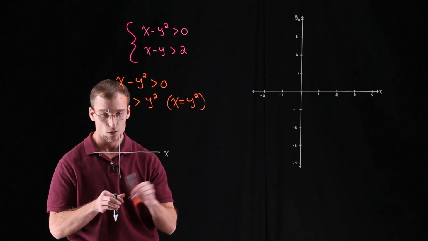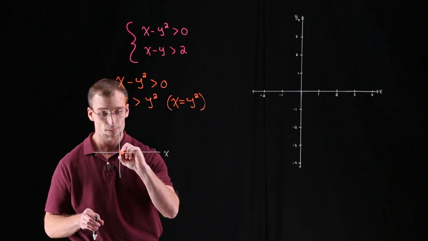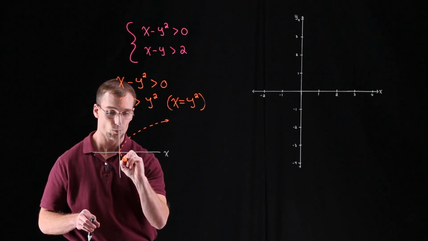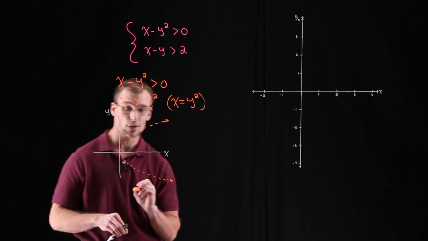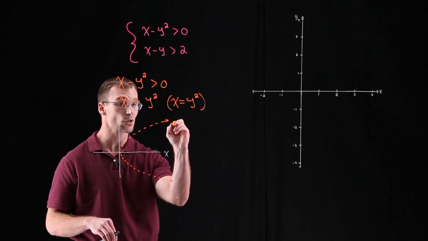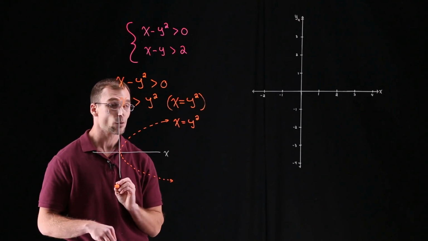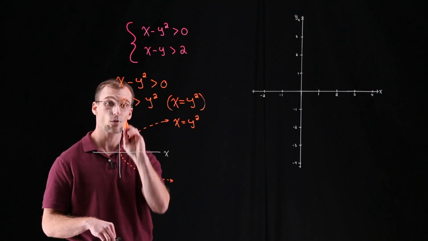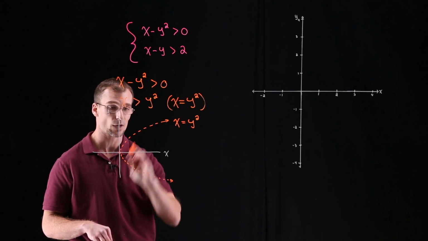So the graph of x equals y squared looks like our parabola opening this way. We're just doing a basic sketch, and we'll do a more rigorous one in a little bit. Now we want the solution set to x greater than y squared. That's all values x that are greater than the value of y squared, represented here.